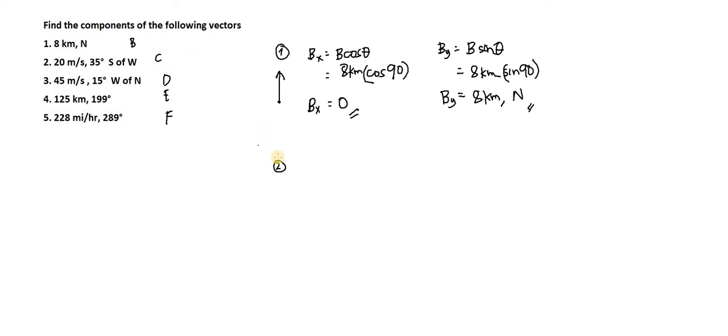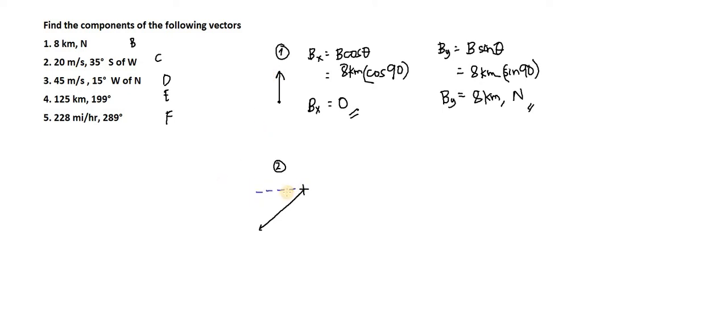Next, for number 2, illustrate natin siya. That's a south of west. So, if we have here our Cartesian plane, south of west can be found on the third quadrant. Okay, so, here, attached to the west. So, we can draw now our components.